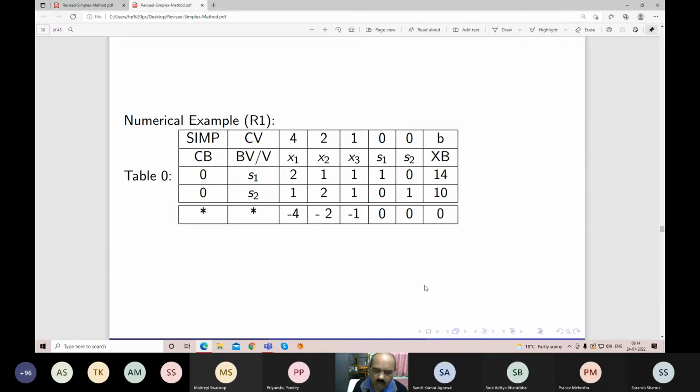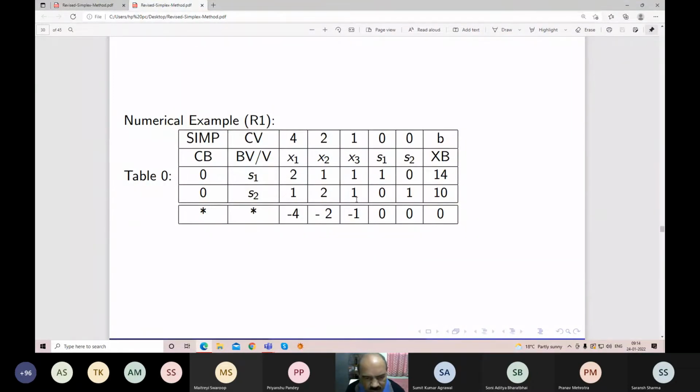See, the basis matrix is nothing but the identity matrix. The elements are, you can see here, 1, 0, 0, 1. Other elements you can see here 2, 1, 1, 2, 1, 1. Okay. I will explain everything.